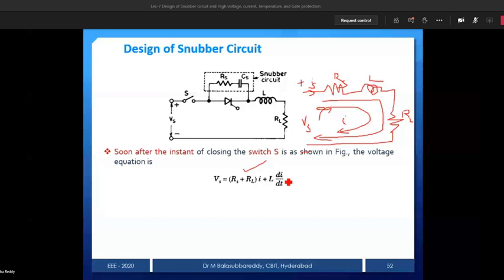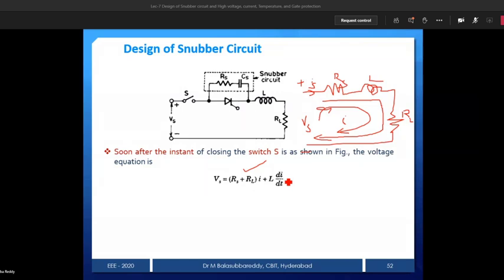Current I is equal to V by R into (1 minus e power minus R by L into t). How will you get that expression? Simply apply the Laplace transform and take partial fractions, then apply the inverse Laplace transform. We'll get it as I. You know all that, so there is no need to do all this process. Directly, it is an RL circuit excited by a DC supply.